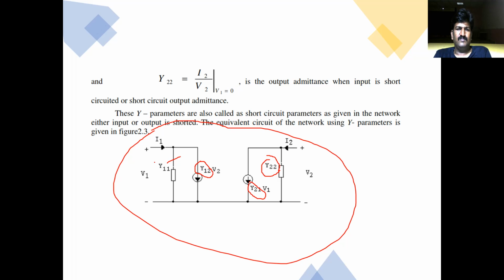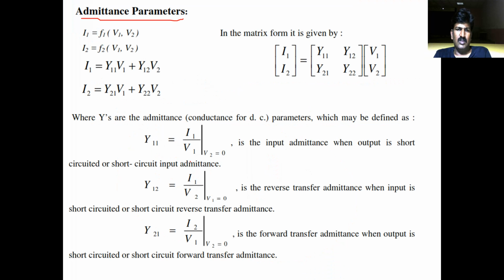Previously, Z11 is in series with some other parameter, like Z12. Z22 is in series with Z21, but these are parallel now. Why? Because you should understand these things. I1 is equal to Y11 V1 plus Y12 V2.